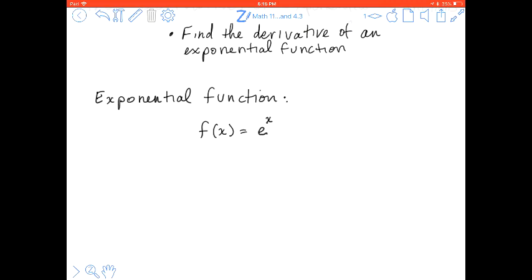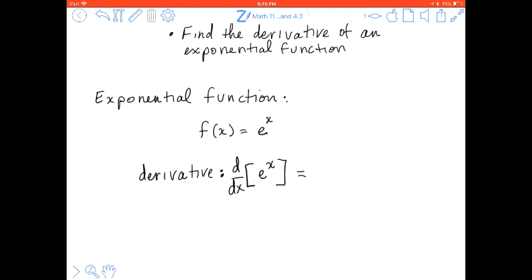Now the definition, the derivative. Let me back up. So the derivative with respect to x of e to the x, this one's an easy one.